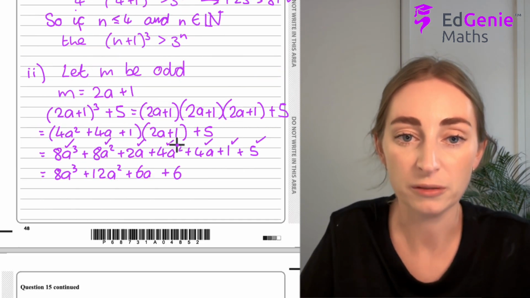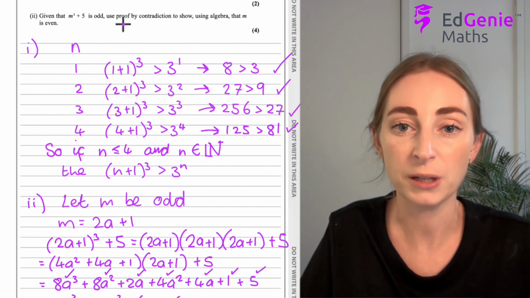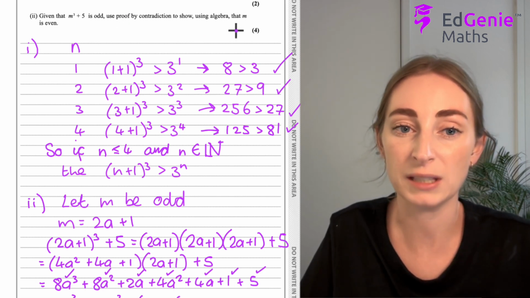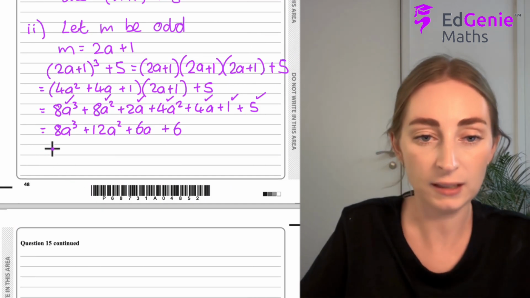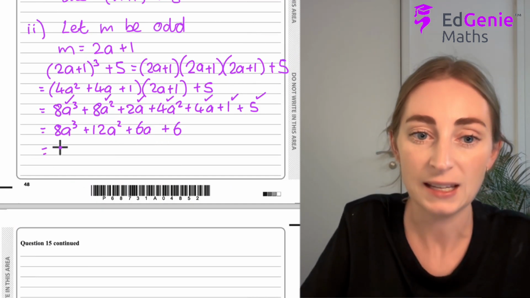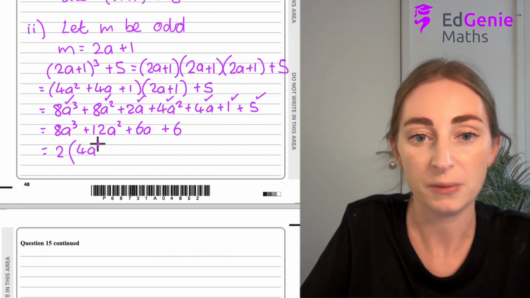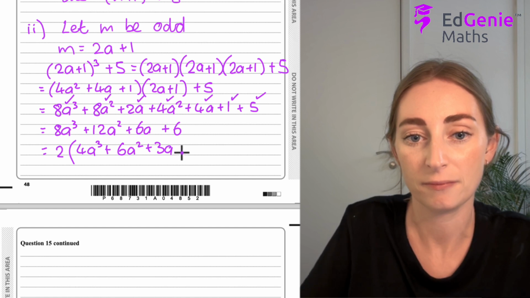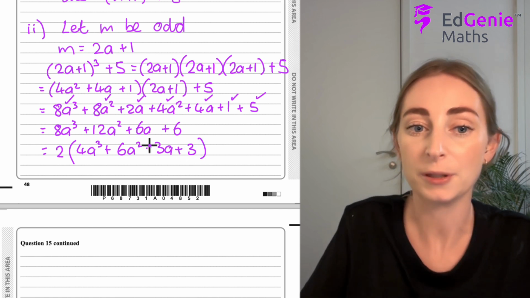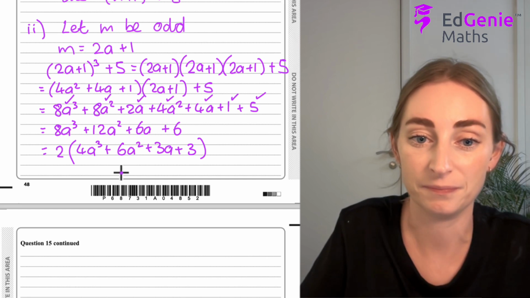Right, what are we proving? Given that it's odd, use proof by contradiction to show using algebra that m is even. So the way that I like to show that something's even is I take out a factor of 2. So then we will have this. And because we're multiplying it by 2, it must be even.